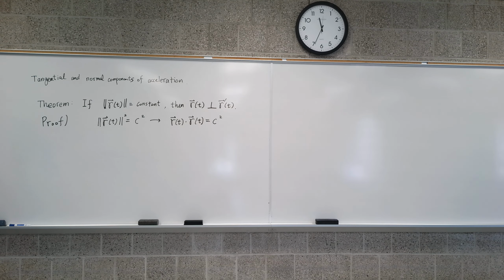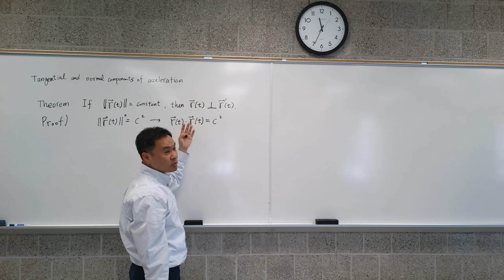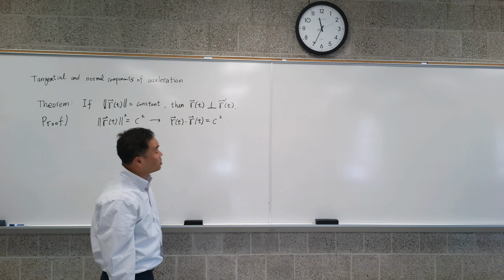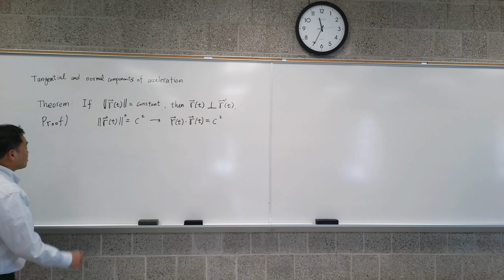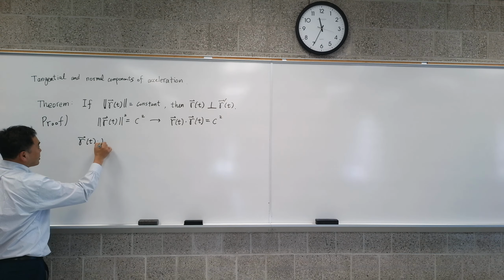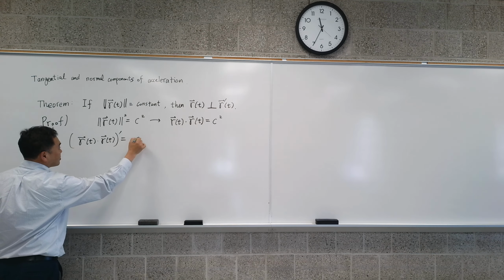Since this is true for all time, if two sides of an equation are true for all time, then you're allowed to differentiate and the derivative will still satisfy the equation. So we're going to differentiate both sides.